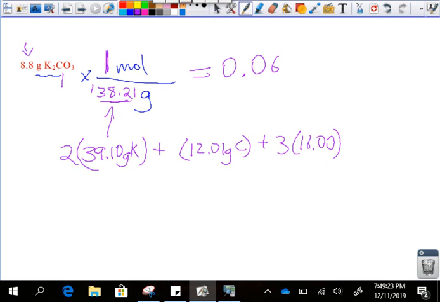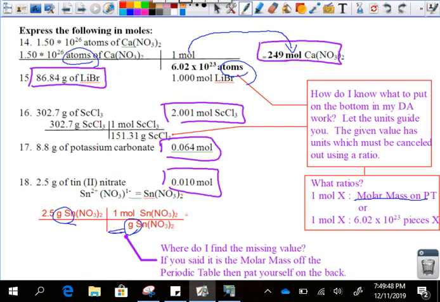This has 2 sig figs, so I'm only going to write the first 2 sig figs. It says 0.0636, but when I round that 6 up, it's going to be a 4 here. So there we go, 0.064 moles.